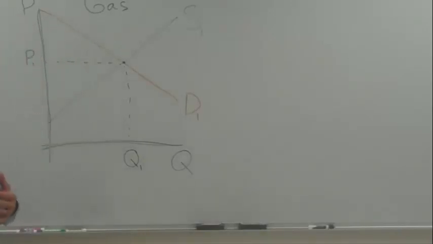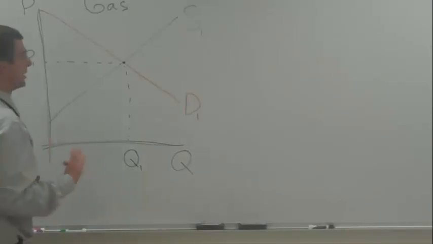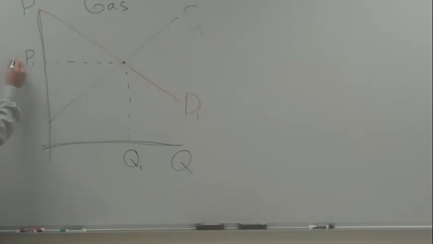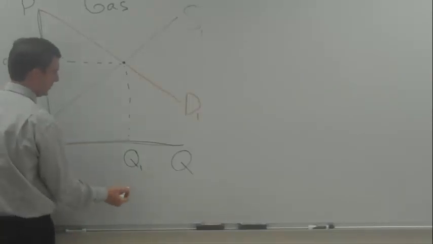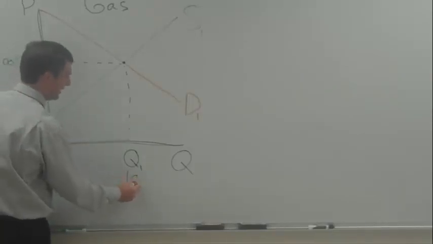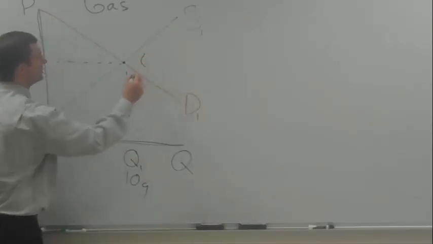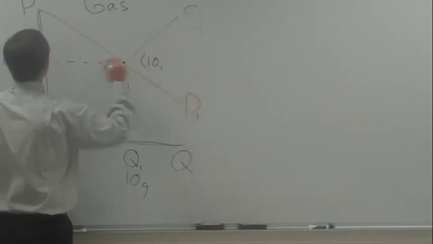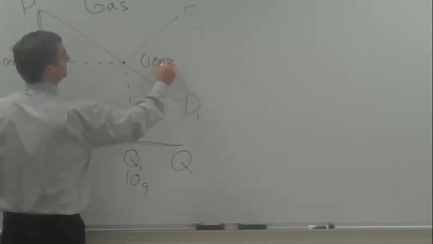And we're talking about your specific supply and demand curve for gasoline as a college student. Now let's say at this point, price P1 equals $3 a gallon. And at this point, the quantity, Q1, equals 10 gallons. So at this point, we can say the price equilibrium is 10 gallons of gas at $3 a gallon.